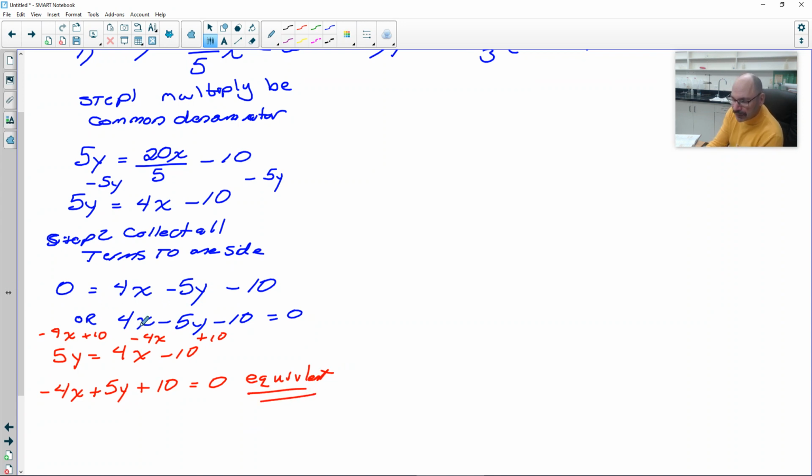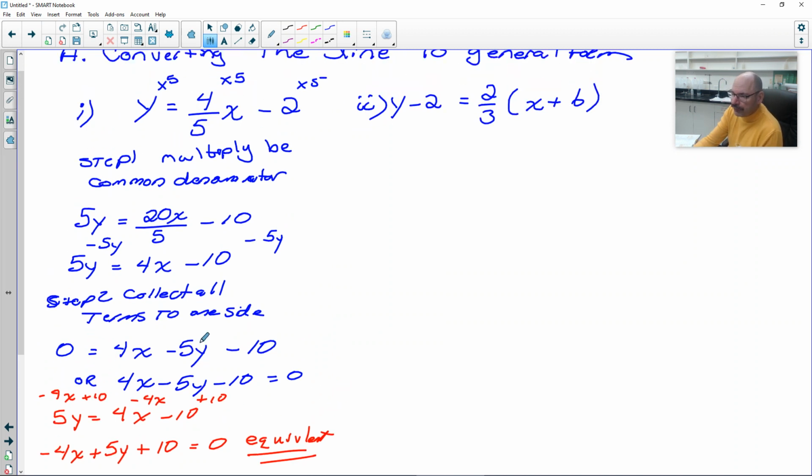This one means the same as this one. Opposite sign, opposite sign, opposite sign, but they're the same. Okay, so that's how you do an example where you're doing the slope-intercept form. What about if you get here?